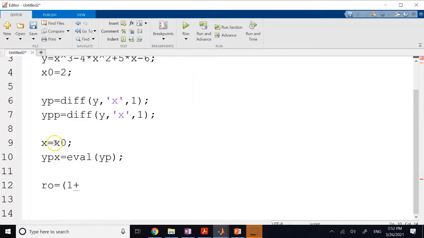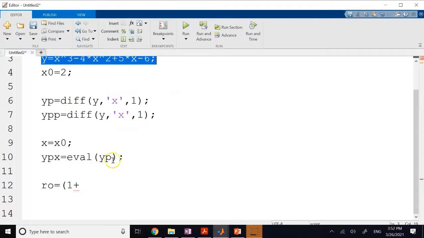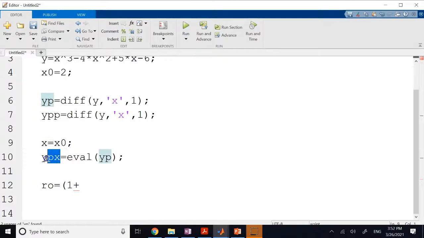So you set your variable x to this number, and then say whatever this function is, which is the first derivative of this, evaluate it with this new x value and call it ypx. And similarly, ypp x is eval of y double prime.